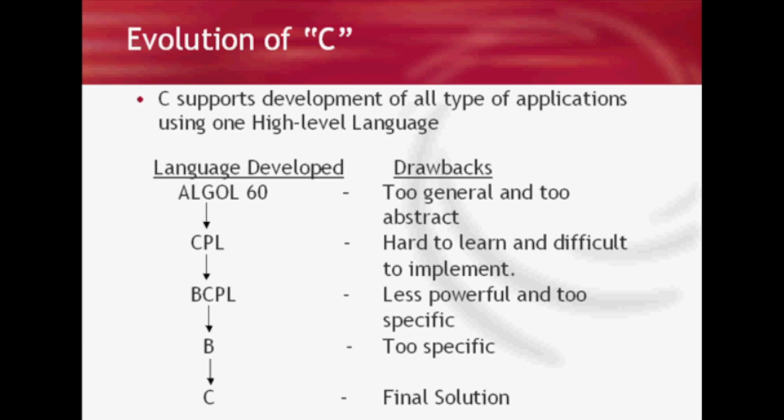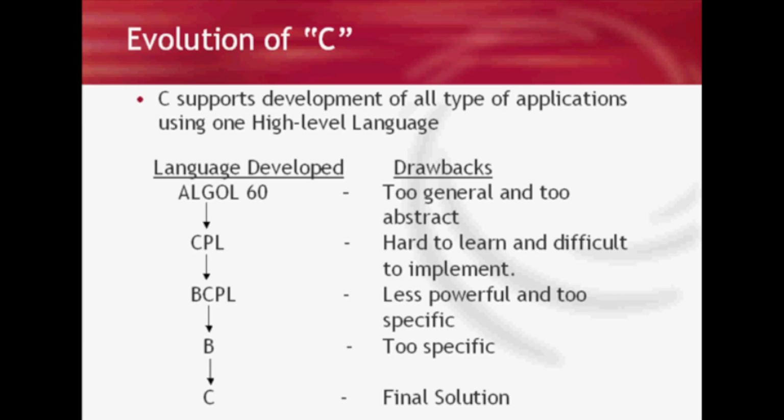However, ALGOL 60 never became popular because it was too abstract and too general. To reduce this abstractness and generality, a new language called Combined Programming Language (CPL) was developed at Cambridge University.